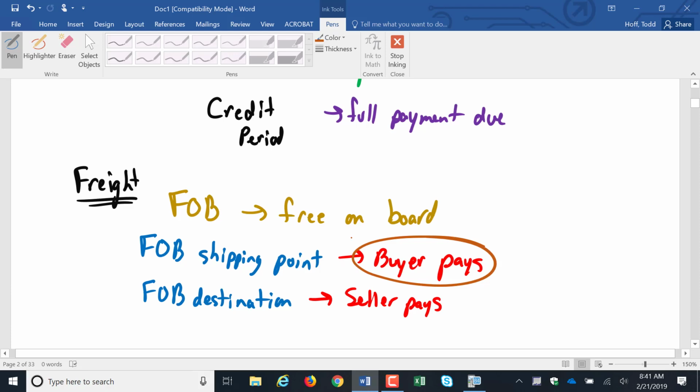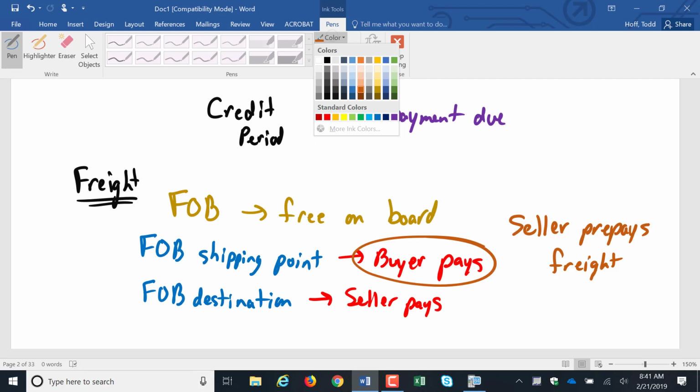Now, a lot of times, even though the buyer is the one that's going to pay the freight, the shipper isn't going to load up that merchandise and deliver it without getting paid. They're not going to wait for the buyer to pay when they get there. In most cases, the seller will prepay the freight, and then the buyer is going to reimburse that.